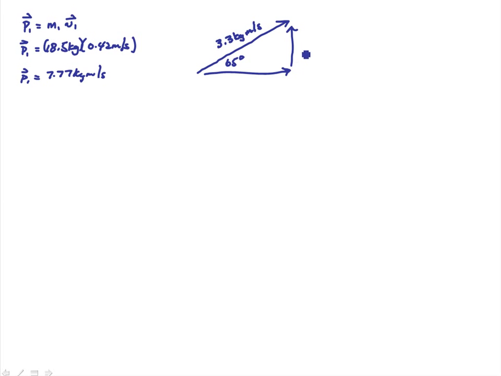What we want to know is the momentum of object 2 in the y direction after, and the momentum of object 2 in the x direction after. Well, we can use our trig to figure that out. Sine 65 degrees will equal opposite, momentum of object 2 in the y direction after, divided by 3.3 kilogram meters per second.